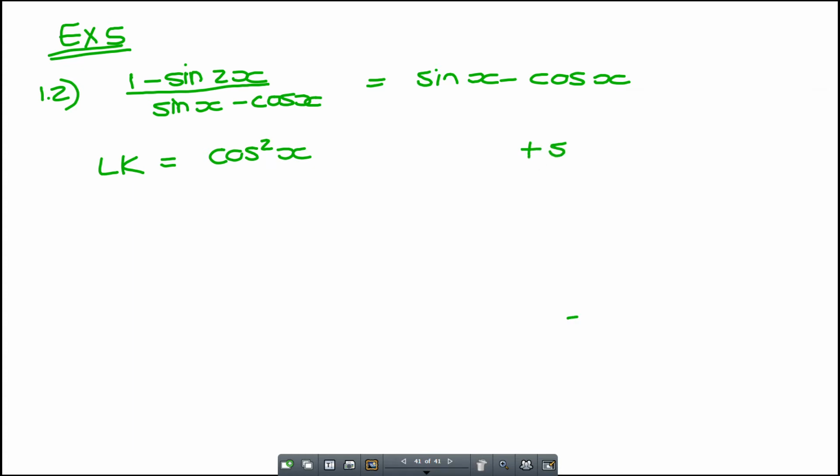Plus sine squared x. Jy gaan nou sien hoekom ek hom so wyd skryf. Right. This sine 2x will become 2 sine x cos x. Okay, so minus 2 sin x cos x.